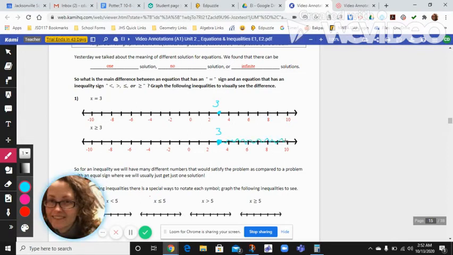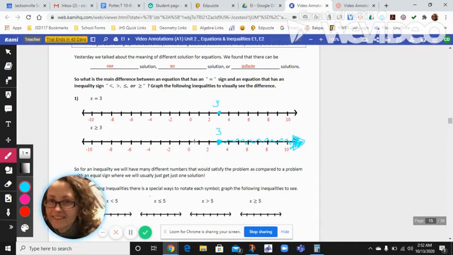So that is going to be any number over here. 7 will be greater than 3, 10 is going to be greater than 3, 100 is going to be greater than 3, 1,000, any of the numbers that keep going. So I'm shading in my arrow here to indicate that not only will the 3 work, not only will all of these numbers, including fractions and decimals, everything over here is going to work, but also everything from here on out will also work to the right.